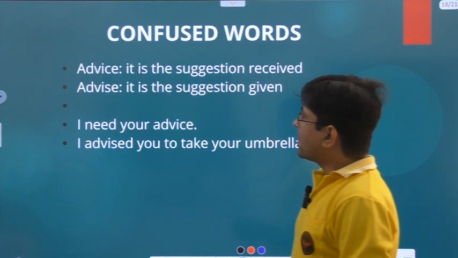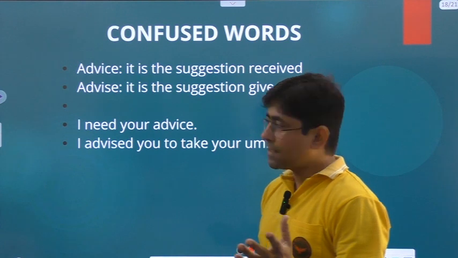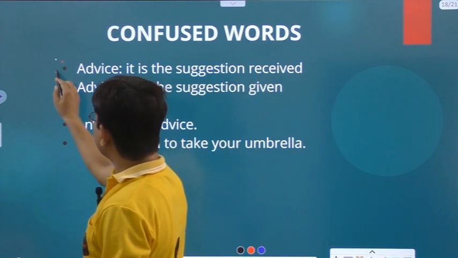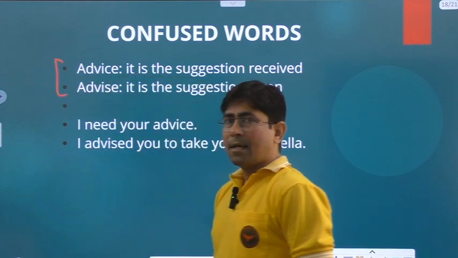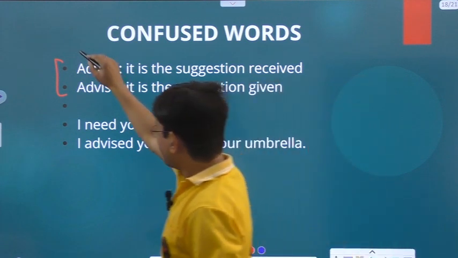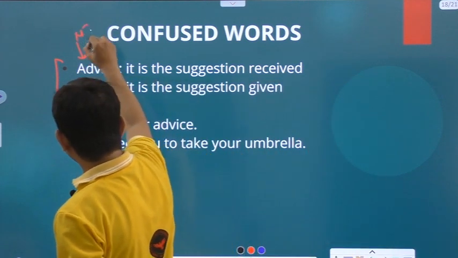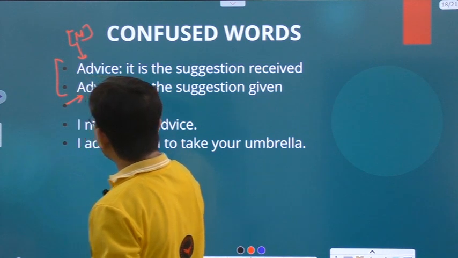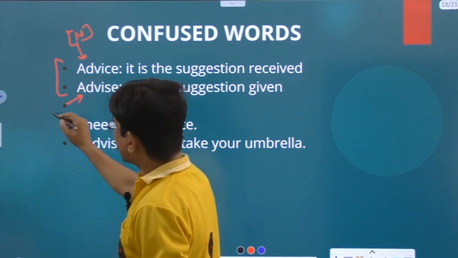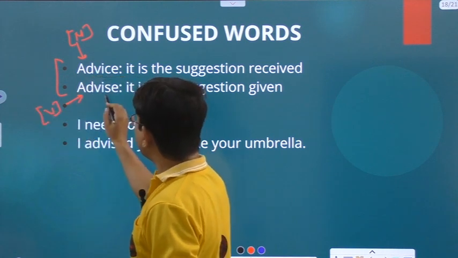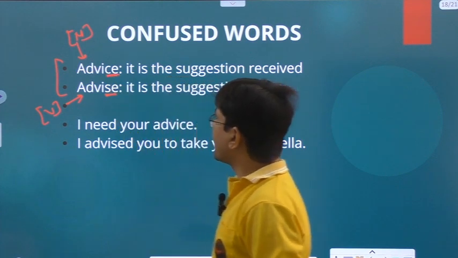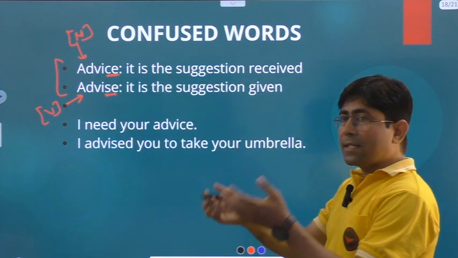Now, advice and advise. I told you what advice means, and what advise means, we have already discussed. Advice is used as a noun, and advise is used as a verb, with S and E, and advice ends with C E. It is the suggestion received.